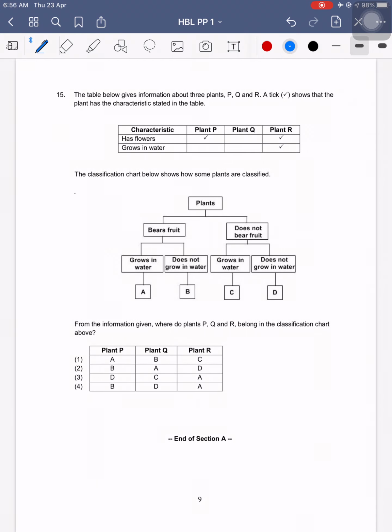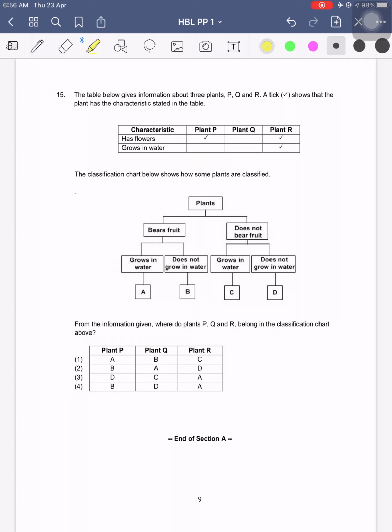Okay, last MCQ here. Now the table below gives information about 3 plants, P, Q, and R, and a tick shows the plant has a characteristic stated in the table. So for plant P, it has flowers. Now it doesn't grow in water, so most likely it grows on land.